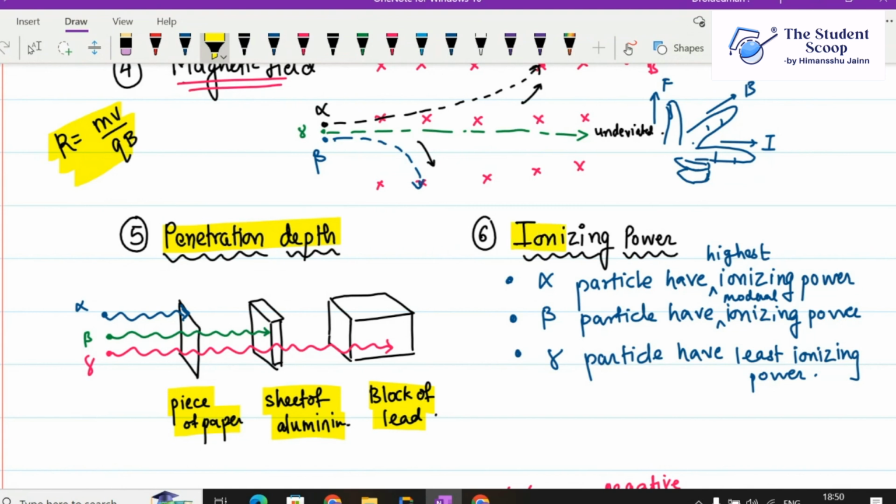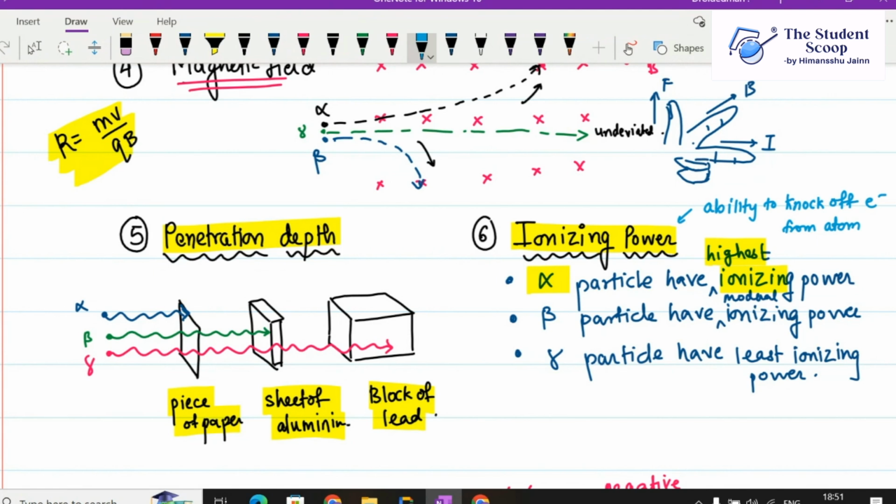Similarly, another property is the ionization power. The alpha particle will have the highest ionization. What is ionization, guys? Ionization is the ability to knock out an electron from an atom. The alpha particle has that highest ability. So whenever an alpha particle is released, it interacts with the nearby air or medium and ionizes it and loses its energy basically.